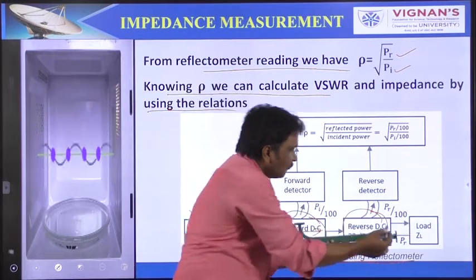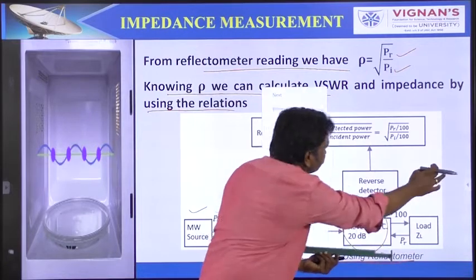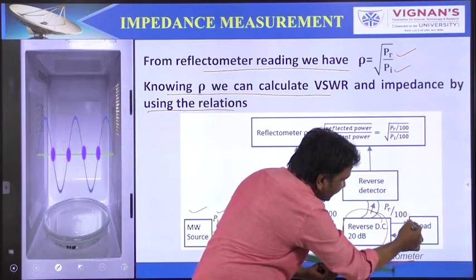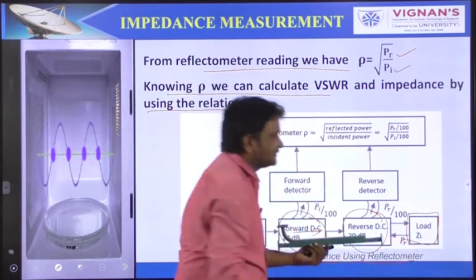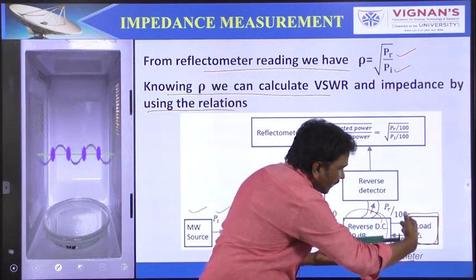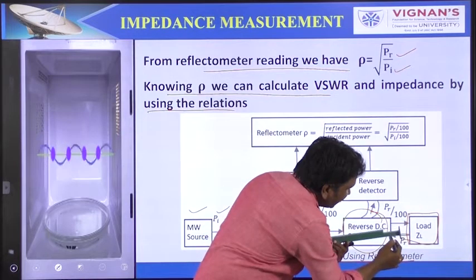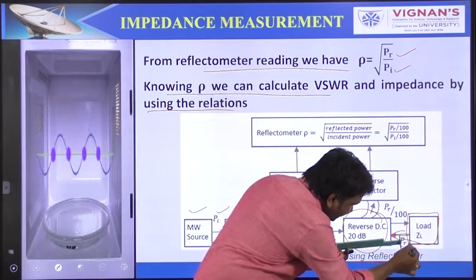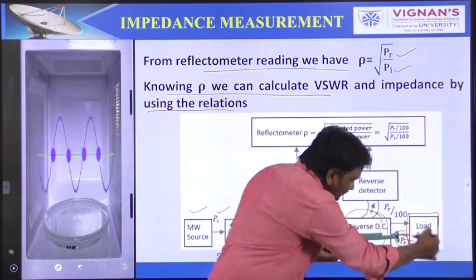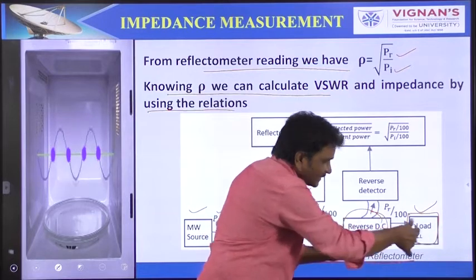Right? Once the power enters in this direction, here there is a load ZL. If the load is not perfectly matched with this port, there will be a reflection. That reflected power is PR. Due to this mismatch, some power will be reflected back.